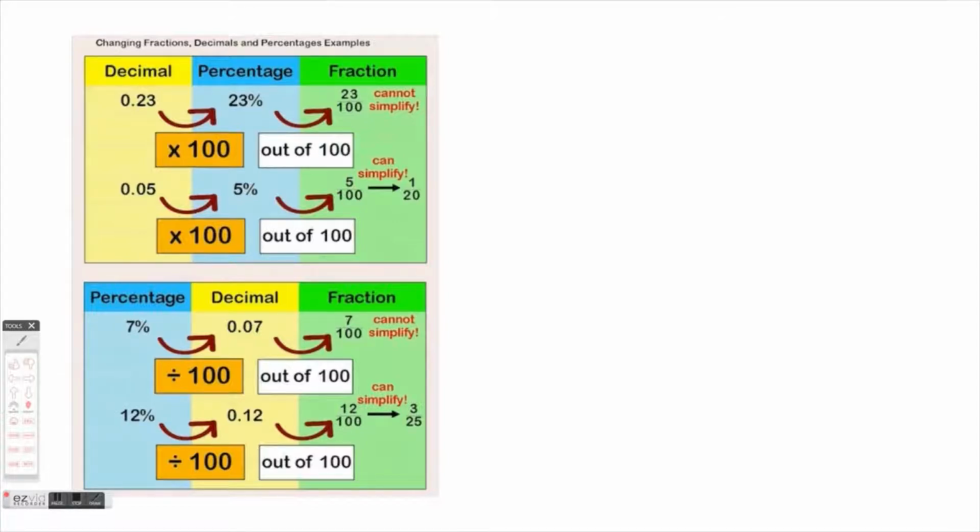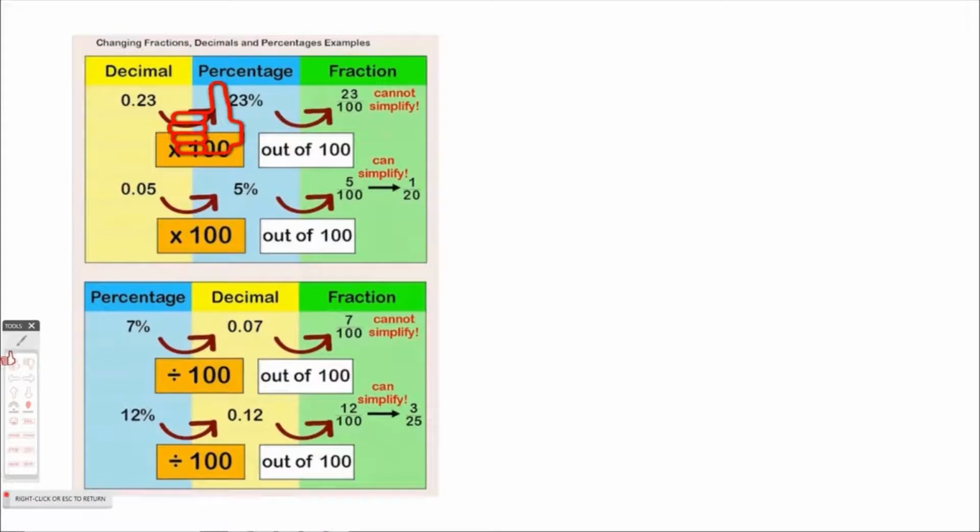Now, changing between decimals and percentages is relatively easy. It didn't seem like anyone had too much trouble with it. I always kind of like to think of my values here, if I have like 0,00, that this represents my 100%. So if, for example, I had 0,75, this would be 75%.